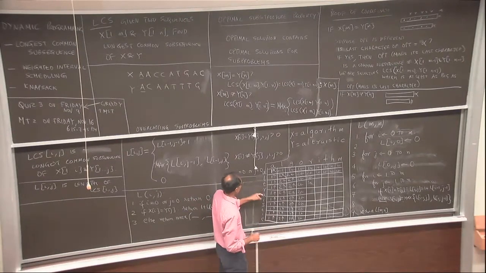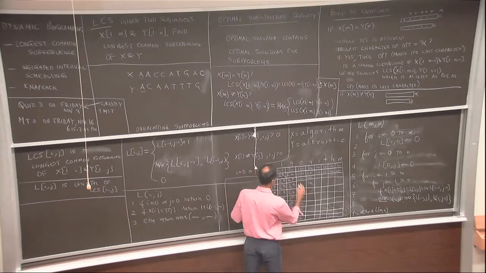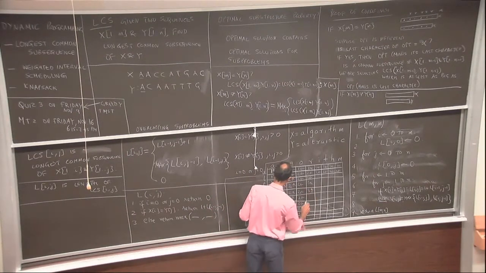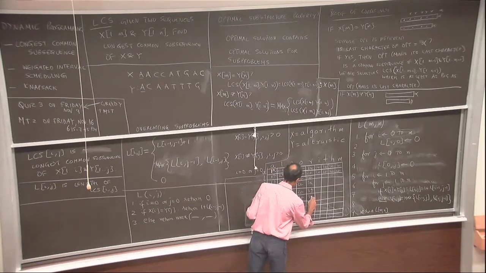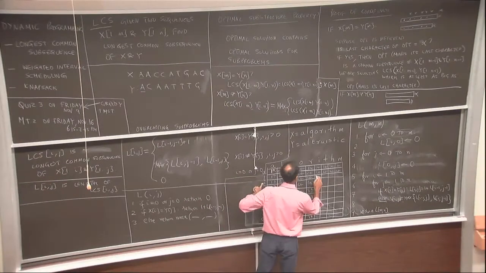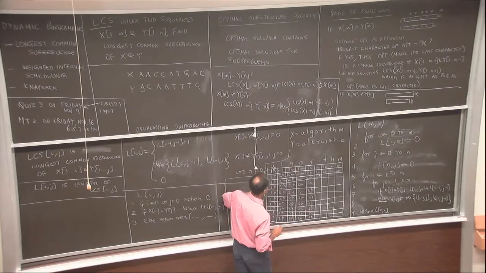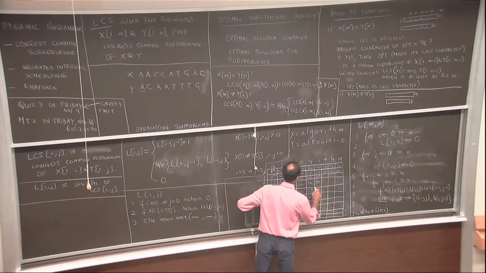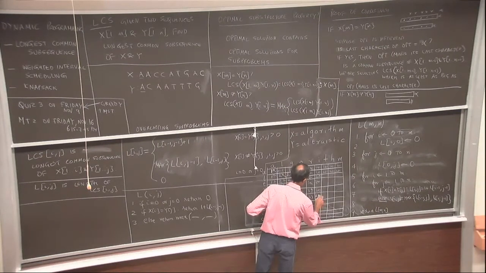And R does not match with U, so it will be 3 up. 3 up. I does not match with R. U does not match with I. I matches with I, so I get 4. Diagonal.